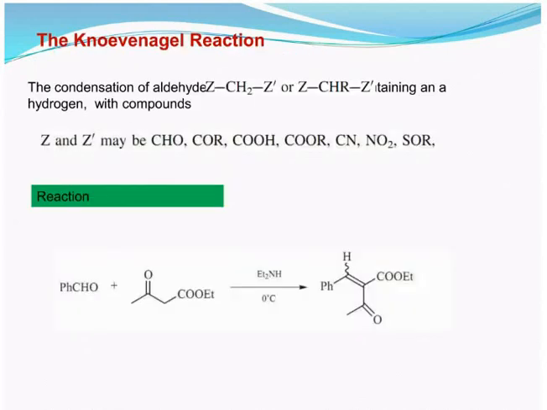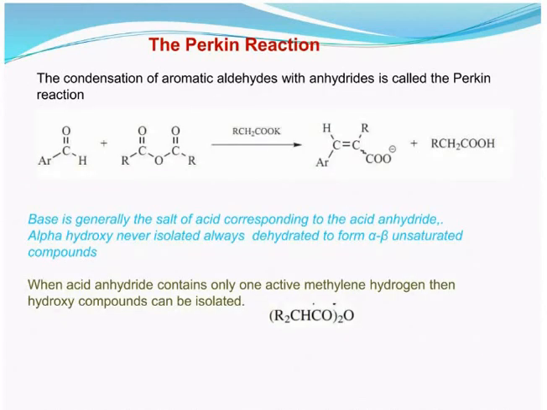So the Knoevenagel reaction. The Knoevenagel reaction is also very important. It is the condensation of aldehydes with ZCH2Z', ZCHRZ' compounds containing active hydrogen. Now the Perkin reaction, that is also very important. The condensation of an aromatic aldehyde with an anhydride is called the Perkin reaction.